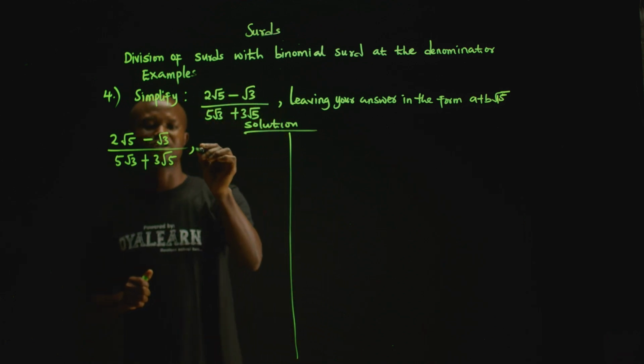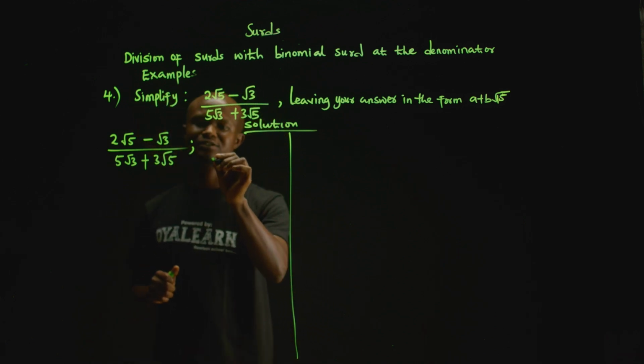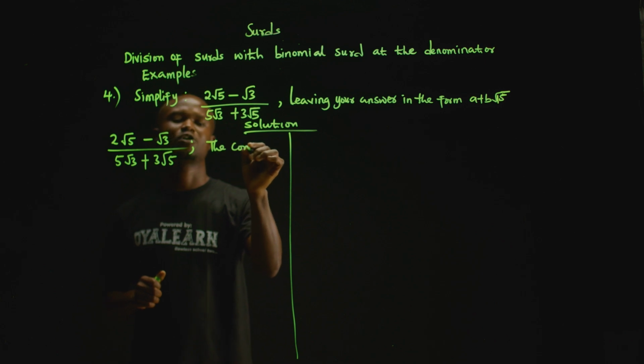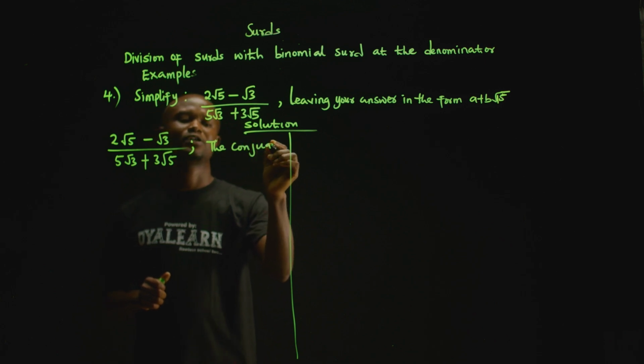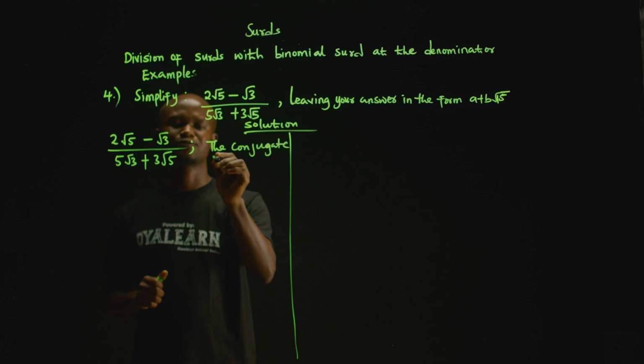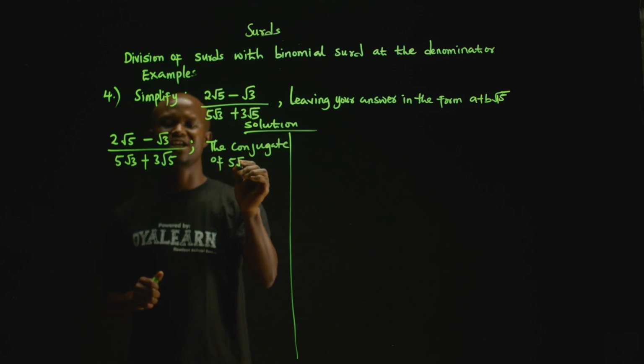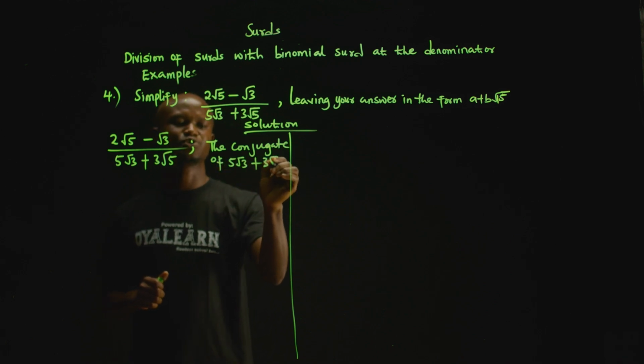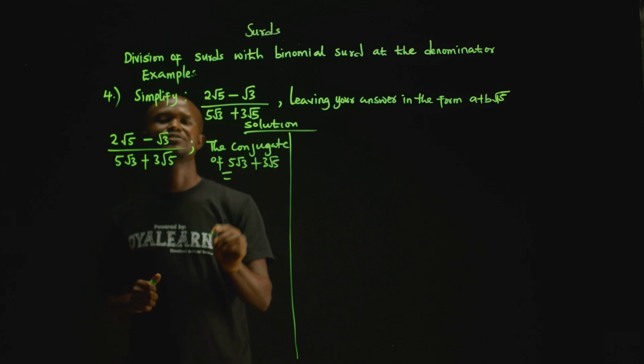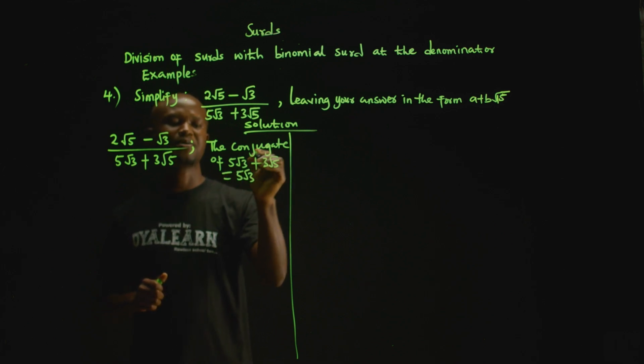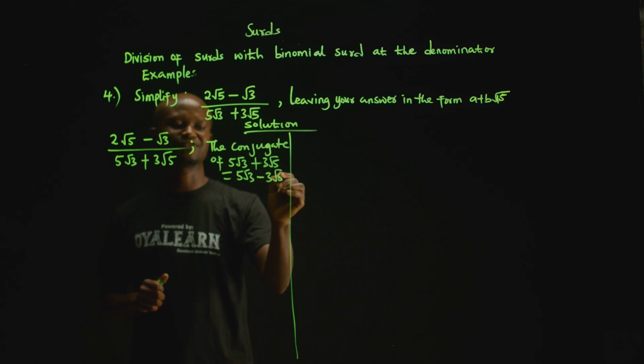The conjugate of 5 root 3 plus 3 root 5 equals 5 root 3 minus 3 root 5.